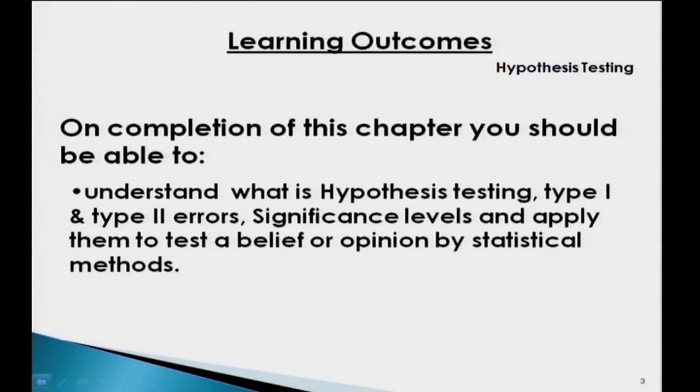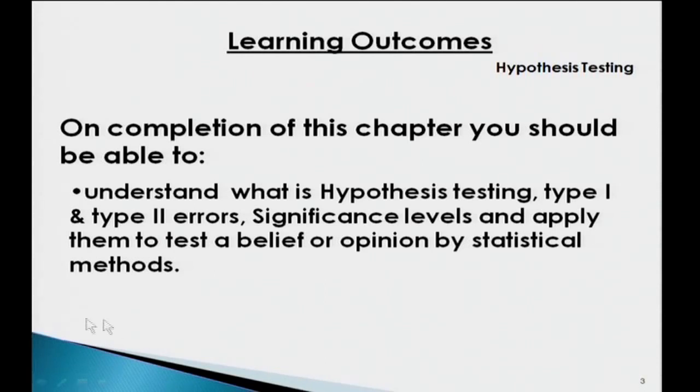There are certain learning outcomes. It is expected that after completion of this, you will be able to understand what hypothesis testing is, what the type 1 and type 2 errors and significance levels are, and you will be able to apply this understanding to test a belief or opinion by statistical methods.